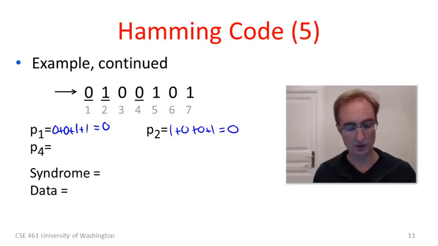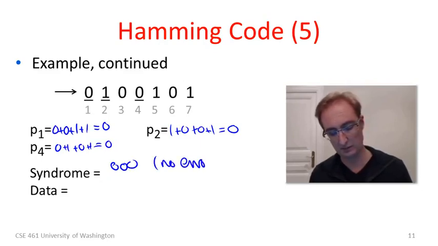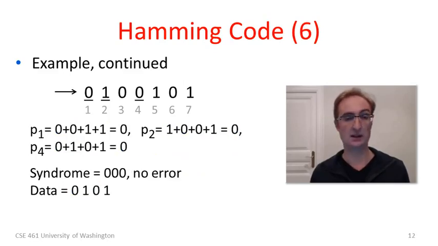Parity bit 4, we're going to add positions 4, 5, 6, and 7, that's a 0, plus a 1, plus a 0, plus a 1, and guess what? That's a 0. Our syndrome is 0, 0, 0, so there's no error. Yay? Then our data is what we get if we take everything but the check bits. We see it is 0 in position 3, 1 in position 5, 0, 1 in 6 and 7. Here's a cleaned up version.